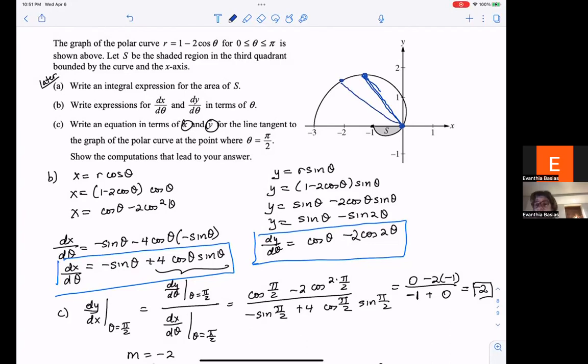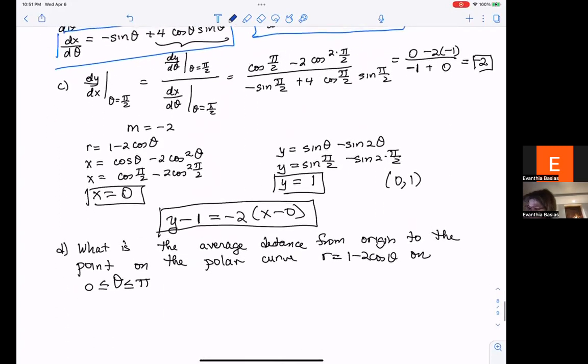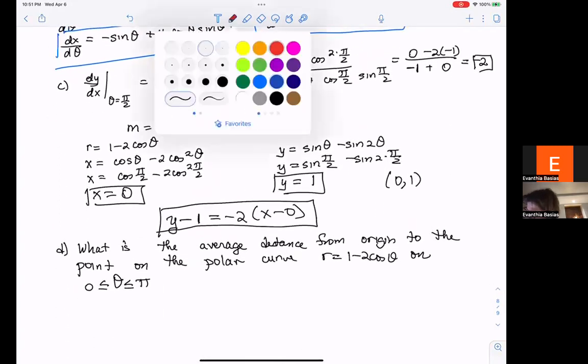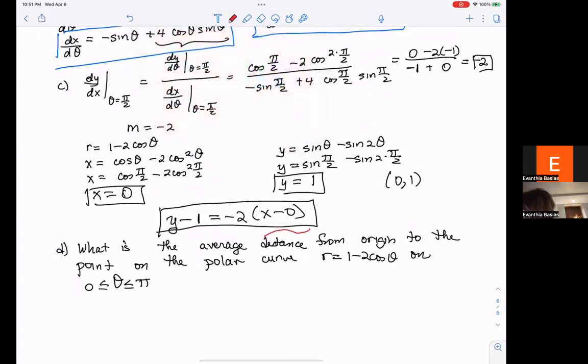These are the terminal sides of the angles, right? But of course, the angles go on forever. What makes it very unique is the radius. What radius do we pick on the terminal side of that angle to plot the curve? So this is really asking us, what is the average radius?